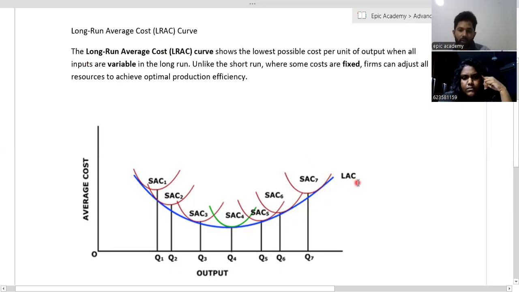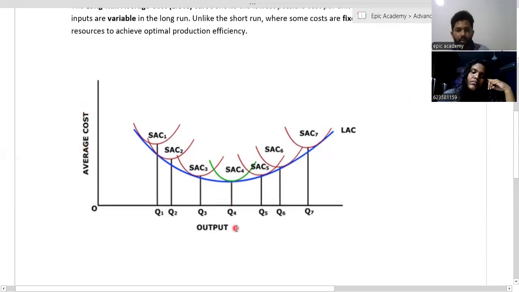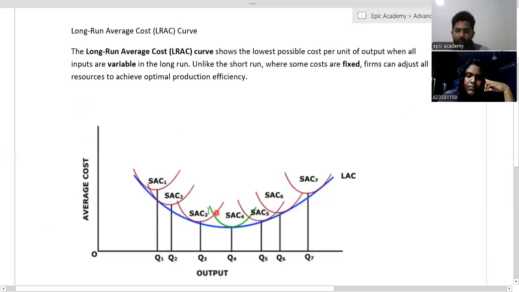LAC means long run average cost. This vertical axis represents the average cost. The horizontal axis represents the output amount.